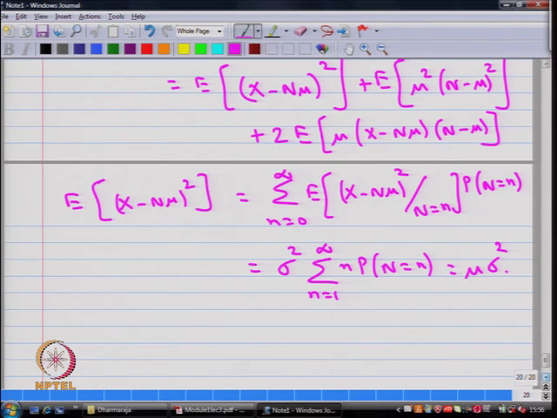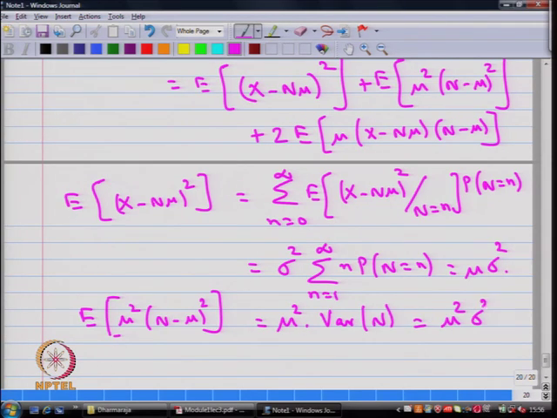Similarly, you can work out the second expectation, that is expectation of mu square multiplied by n minus mu whole square, that is same as mu square is constant, the expectation of n minus mu whole square, that is nothing but variance of the random variable n, and the variance of a random variable n is sigma square, therefore, it is mu square sigma square.